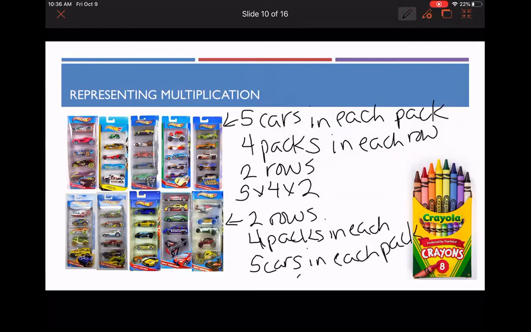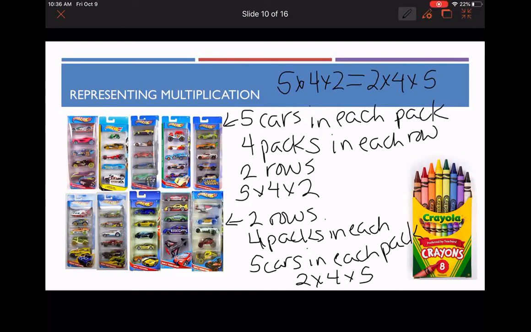So now I have 2 times 4 times 5. Again, 5 times 4 times 2 is the same as 2 times 4 times 5, right? This is the commutative property. And either way you see it is completely valid. And so this is why multiplication can now happen in any order.